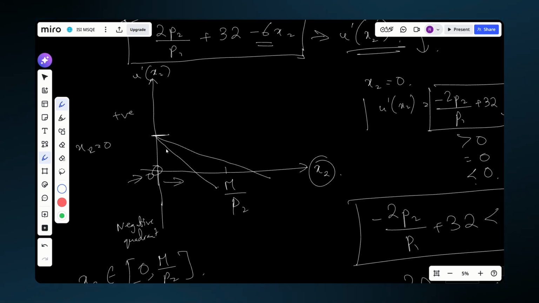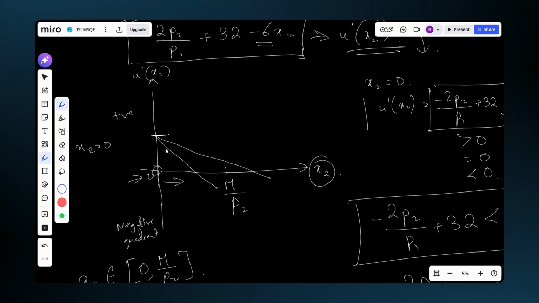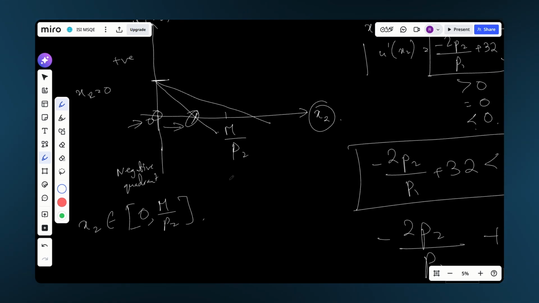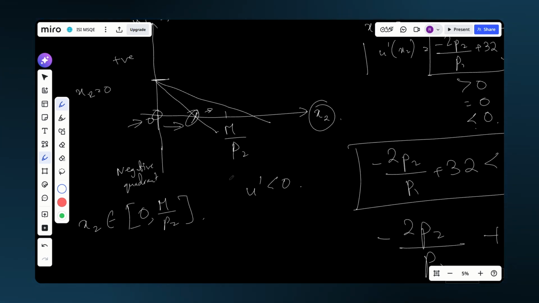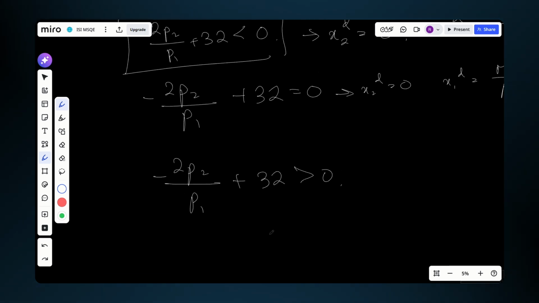We are slightly increasing x2, and since u dash is positive, utility will go up. So my job will be to increase x2 till the point where I reach u dash equal to 0 at this point. Beyond this point of x2, u dash will again become negative and utility will fall. So my optimal bundle will be this, where u dash is equal to 0.